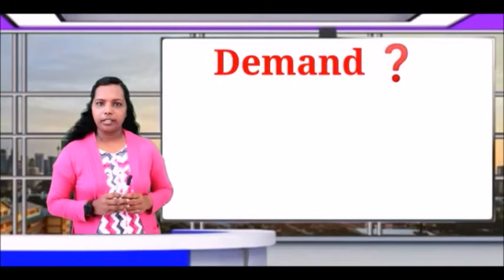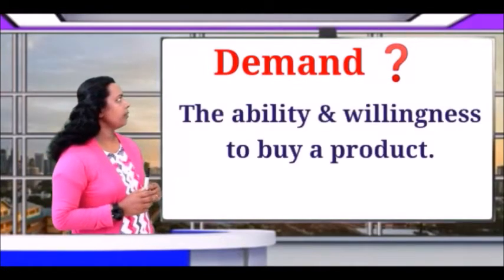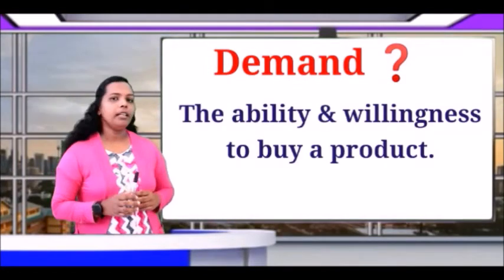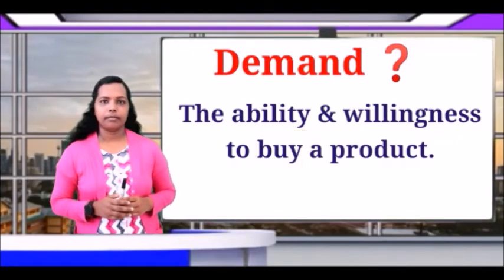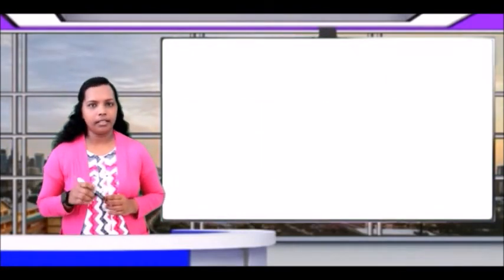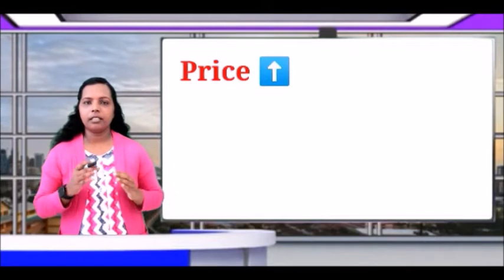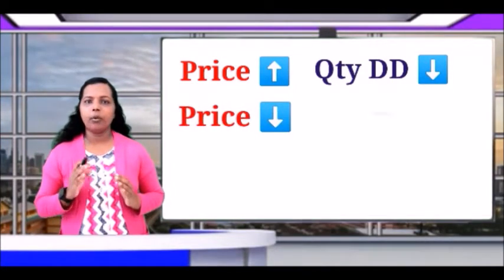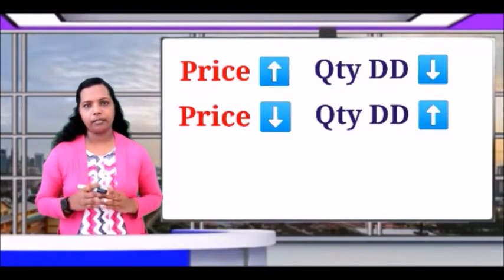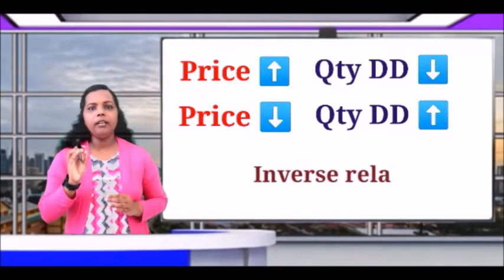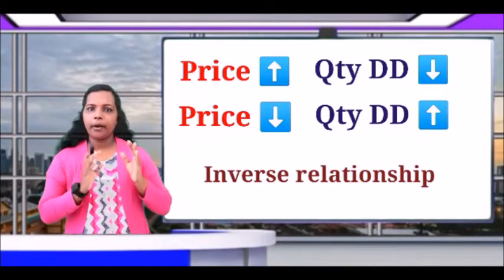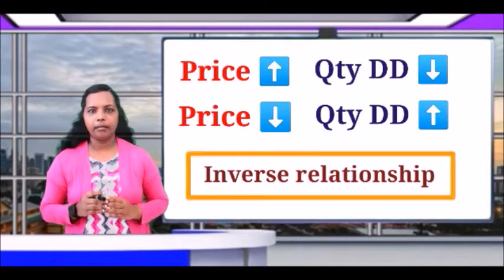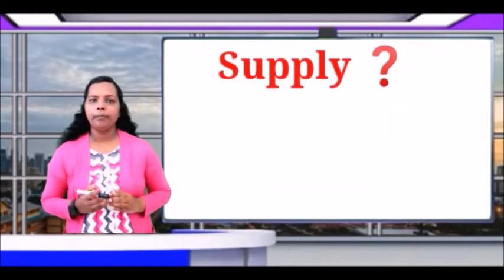What is demand? Demand is a desire backed by ability and willingness to buy a product. The law of demand says that when the price increases, the quantity demanded will decrease, and when the price decreases, the quantity demanded will increase. So, there is an inverse relationship between the price and quantity demanded. Then, what is supply?